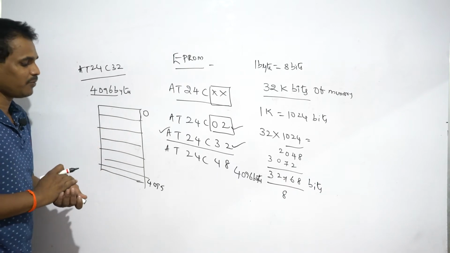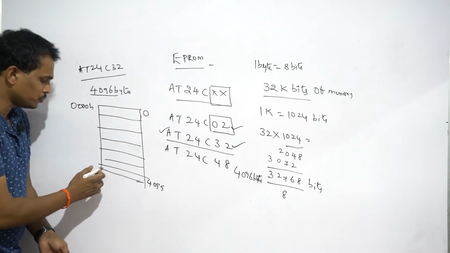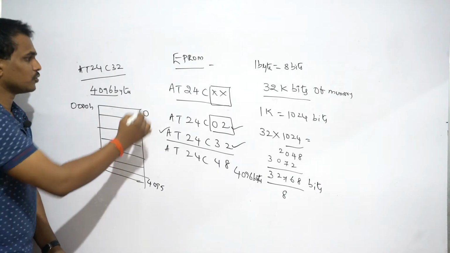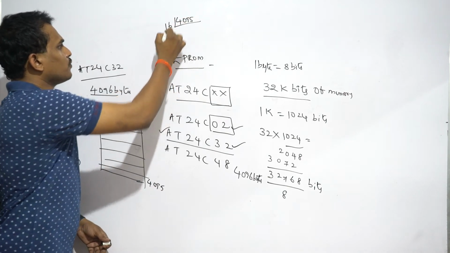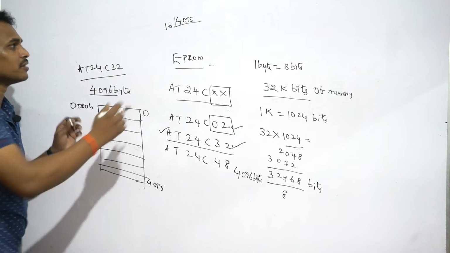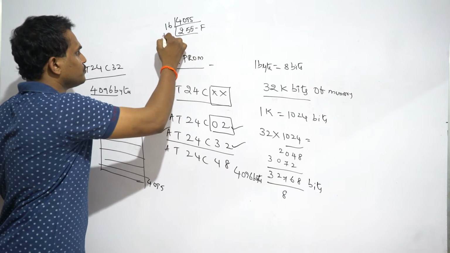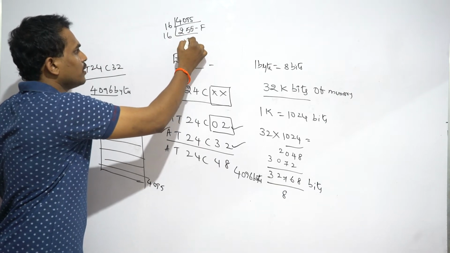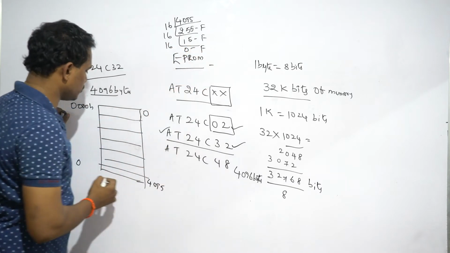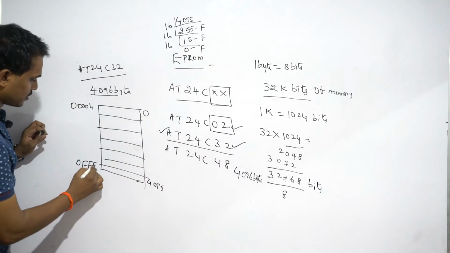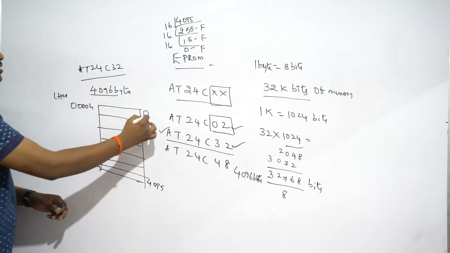If you want to tell the same thing in hexadecimal form, you can write 000H to 0FFFH. You just have to convert 4095 to hexadecimal, by dividing with 16. So 255 is FF, giving F, F, and F. So 0FFFH is the hexadecimal representation of memory locations, and 0 to 4095 is the decimal representation.